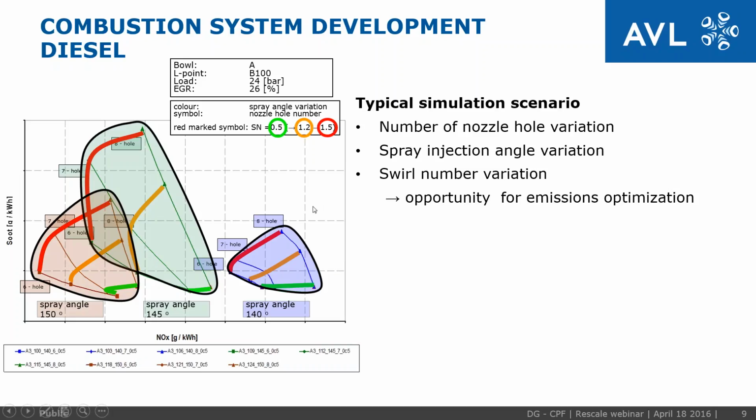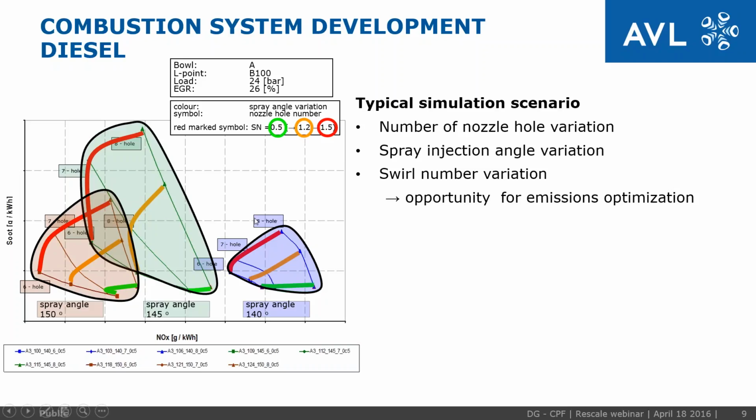We can vary the number of holes. So for each configuration, you have 6, 7, or 8 holes. And we have different swirl numbers, which is the intensity of the swirling motion, the mixing motion inside the cylinder. So we have 0.5, green, orange 1.2, and red, the swirl number of 1.5.